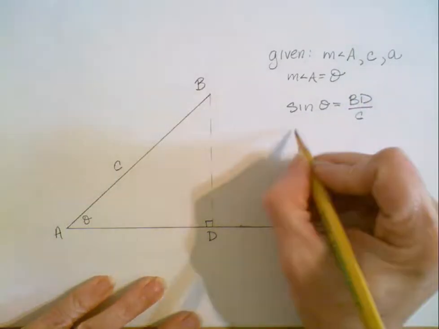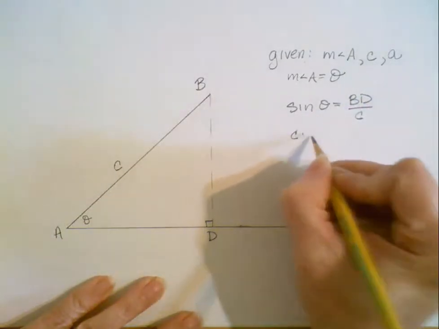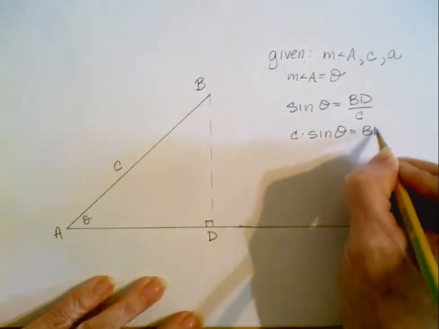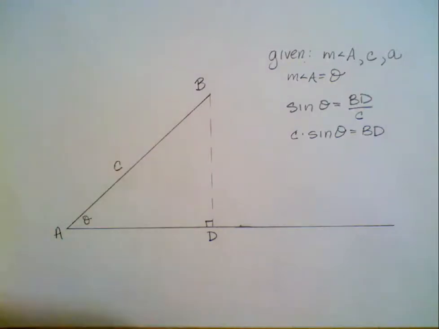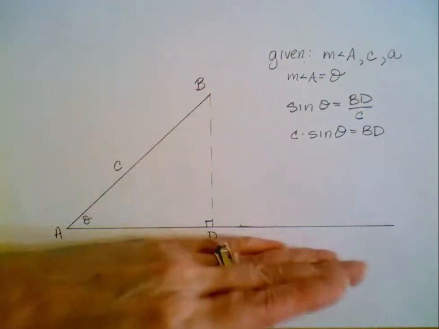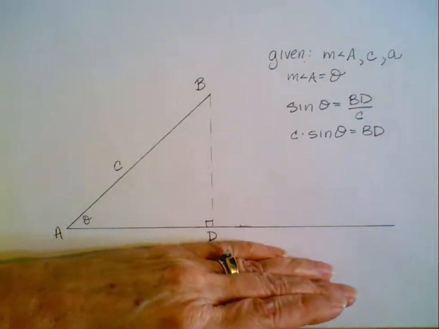So the length of side BD in this case would be C times the sine of angle theta. That would tell us how long this vertical segment is between point B and the side AC of the triangle.